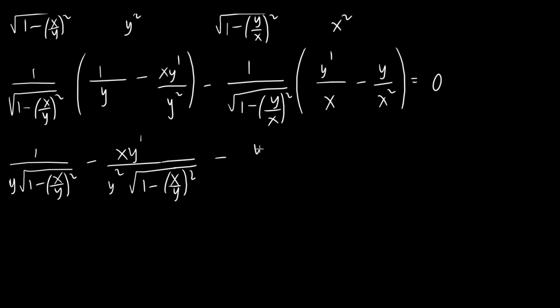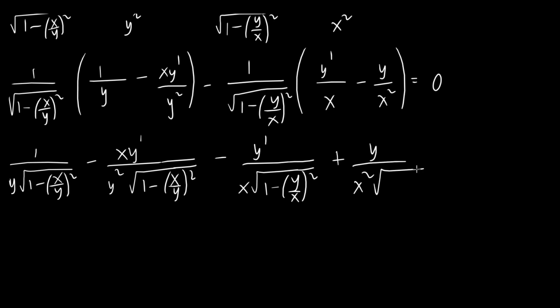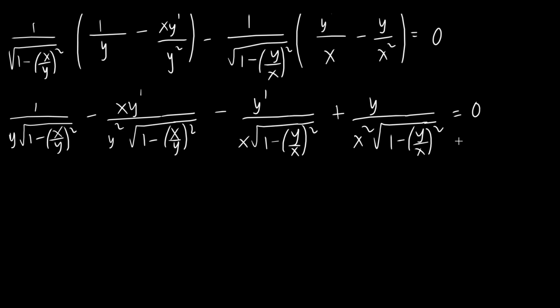So minus y prime all over x multiplied by the square root of 1 minus (y over x) squared, plus y all over x squared multiplied by the square root of 1 minus (y over x) squared is equal to 0. So let's combine the y prime.